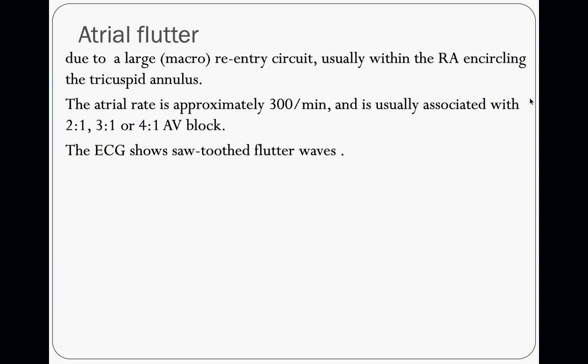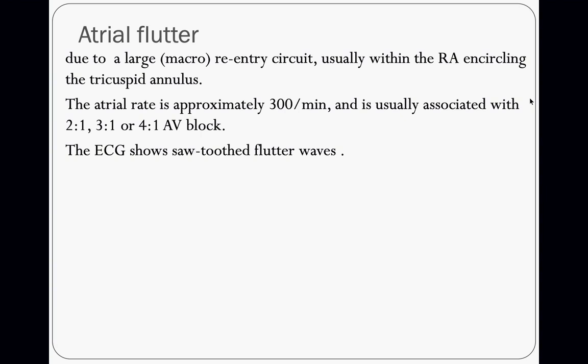So in order to compensate, part of the atrial impulses must be blocked halfway in the AV node and not transmitted to the ventricle. So maybe for every 2 atrial beats, 1 is blocked, or for every 3 atrial beats, 1 is blocked, or for every 4 atrial beats, 1 is blocked.